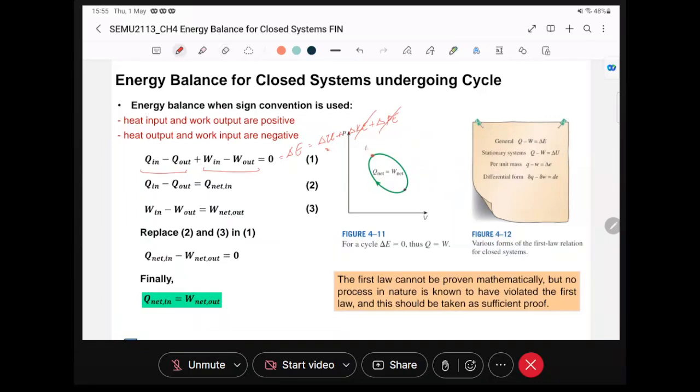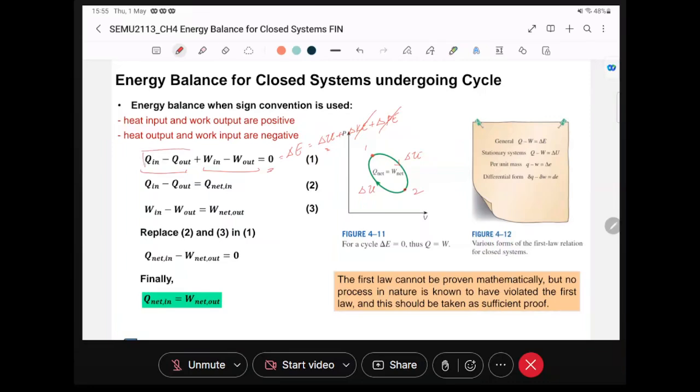From state 1 to state 2, there is a change in energy, yes. And then from 2 to 1, there's a change in energy as well, which will balance back. So therefore it is equal to 0, provided there are no losses. That's very important. We don't consider losses in our analysis here.